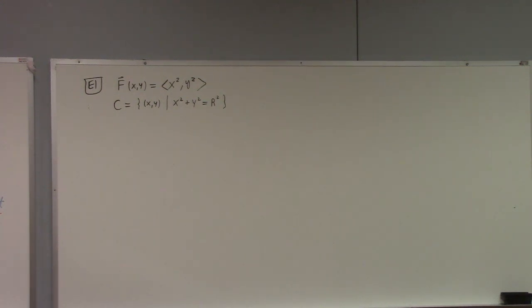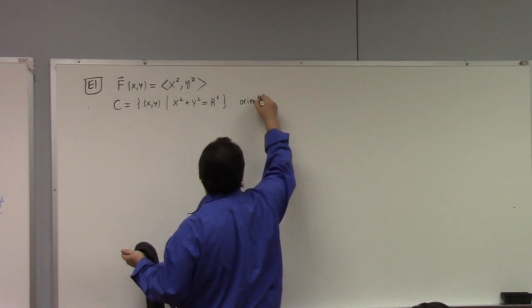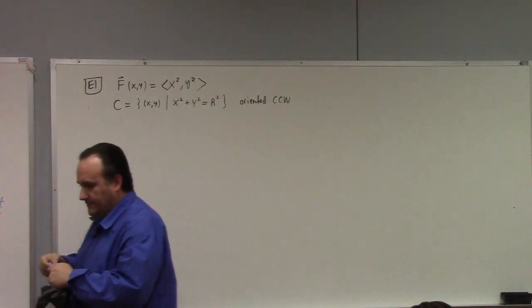One thing I haven't emphasized enough yet is the fact that C has to be an oriented curve. So until I tell you the orientation of C, my example 1 is ambiguous. So let's say that C is oriented in the counterclockwise fashion. All right?